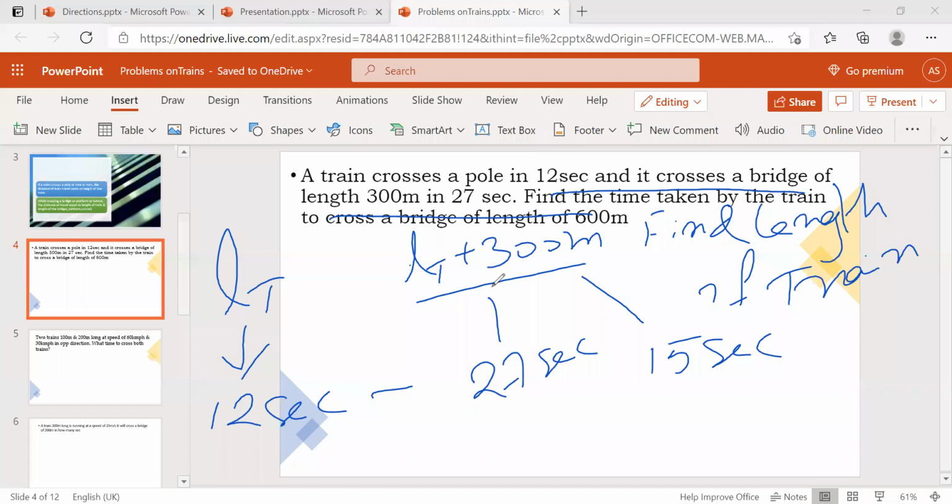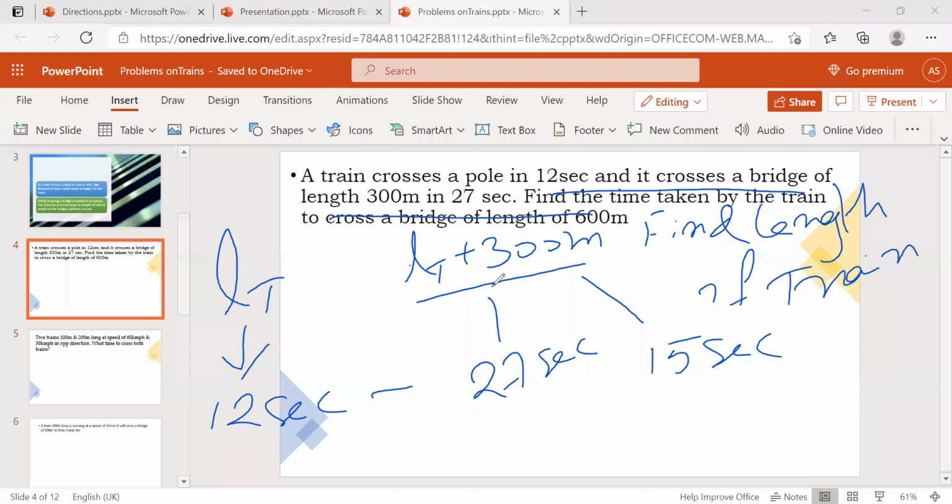Now, we know 12 seconds is for the train length only, right? Now, an easy thing. So 300 meters in 15 seconds, and in 12 seconds, how much length will it go? That length is nothing but the train length.